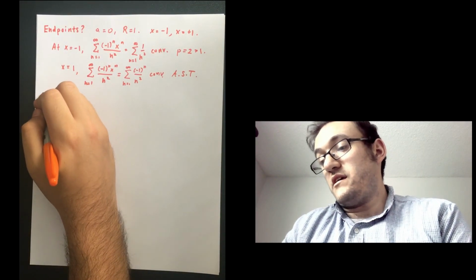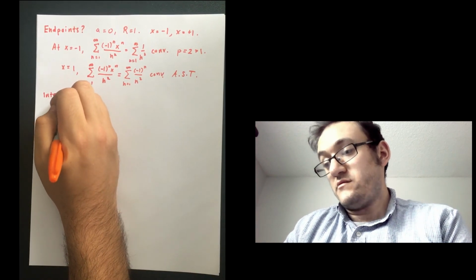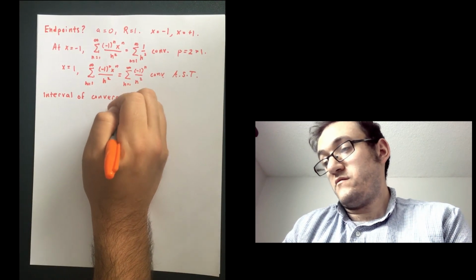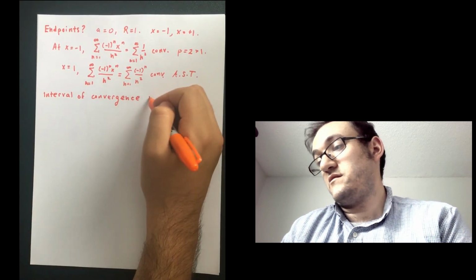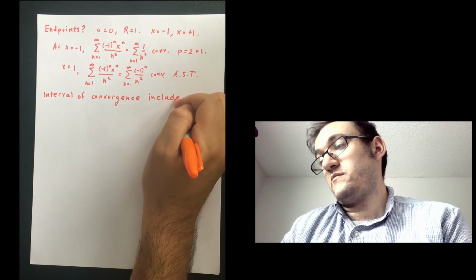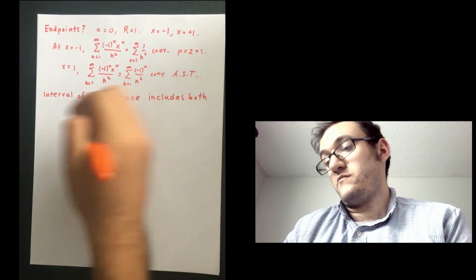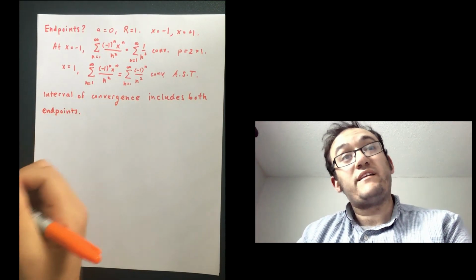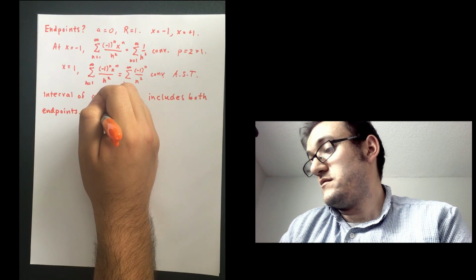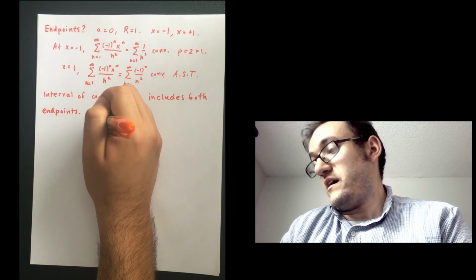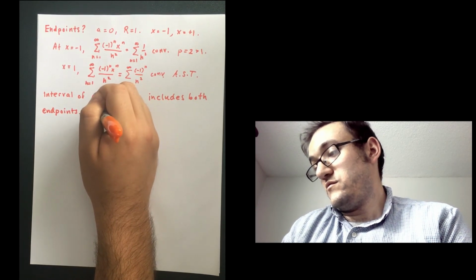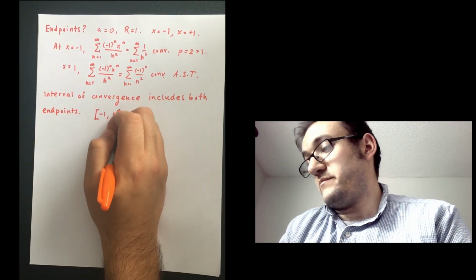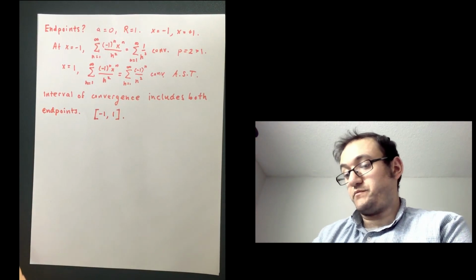So what we learn is the interval of convergence includes both endpoints. The way that we write that is using brackets with the corners, minus 1 to 1.